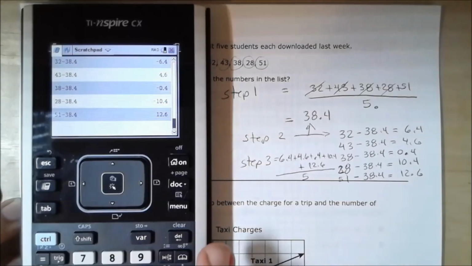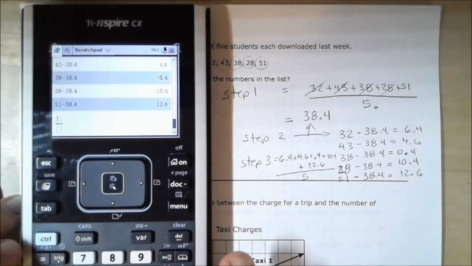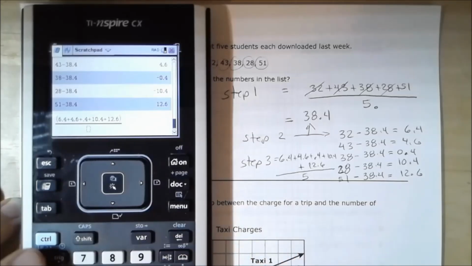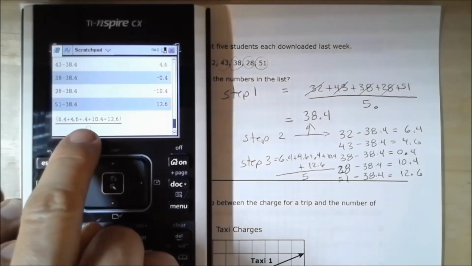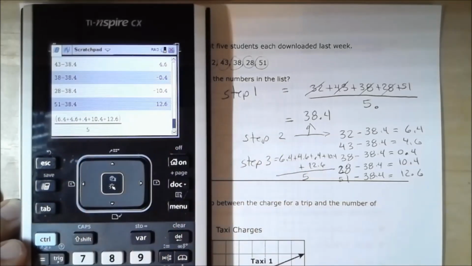So we have, you know what, let me put my fraction bar, and we have 6.4 plus 4.6 plus 0.4 plus 10.4 plus 12.6. So that's 1, 2, 3, 4, 5 numbers divided by 5.